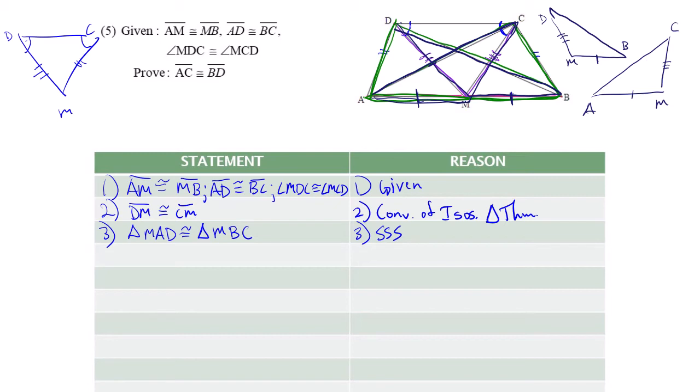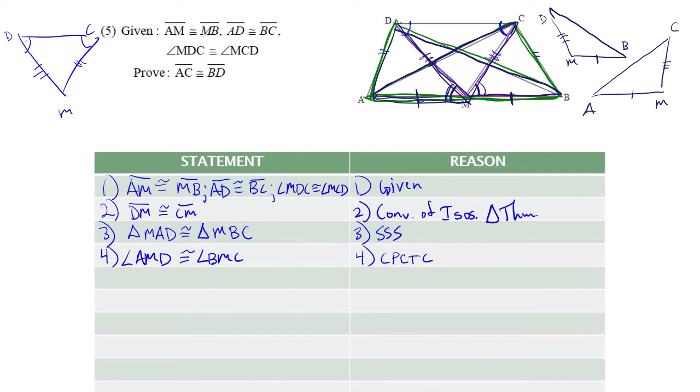Okay, so let's take a look at this. One of the angles is this angle here, right? And because we just proved these two triangles are congruent, we can say that angle AMD is congruent to angle BMC, right? So I'm going to say that angle AMD is congruent to angle BMC, and that's by CPCTC.